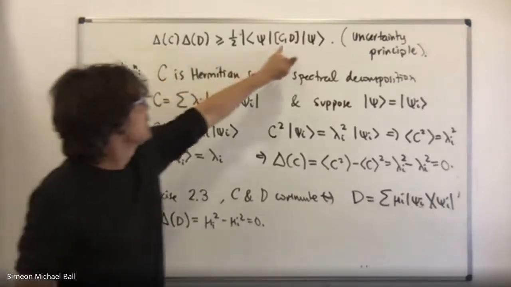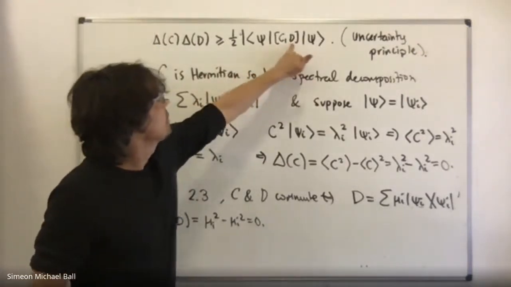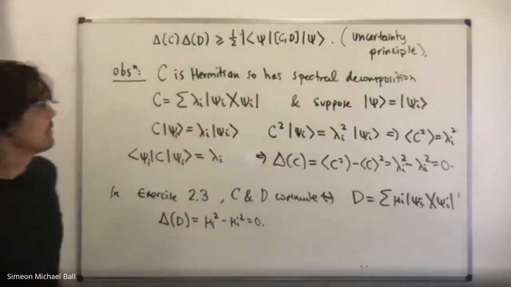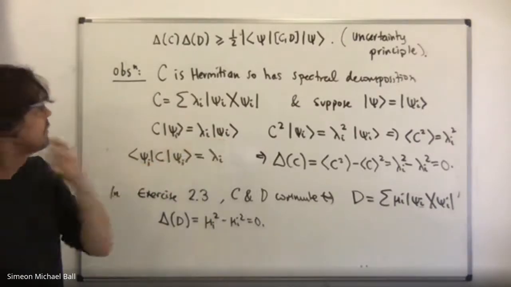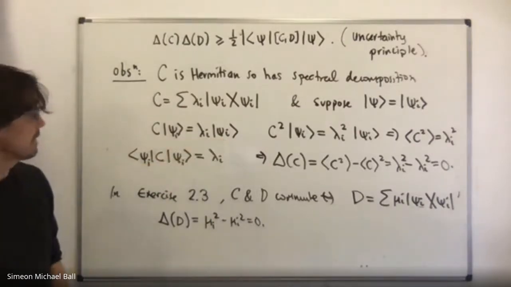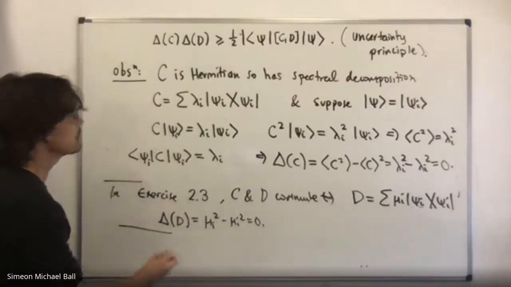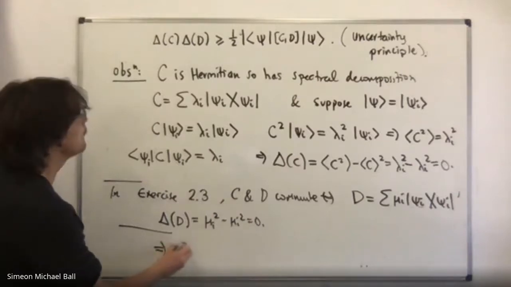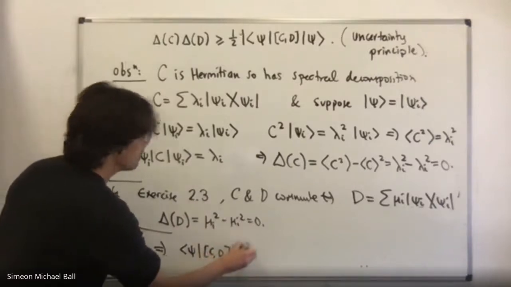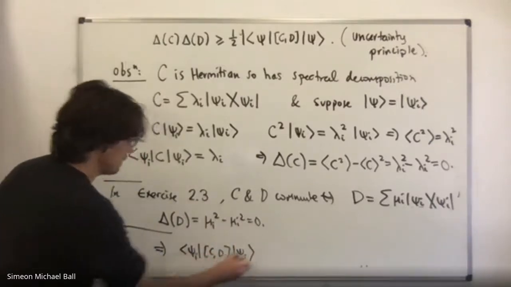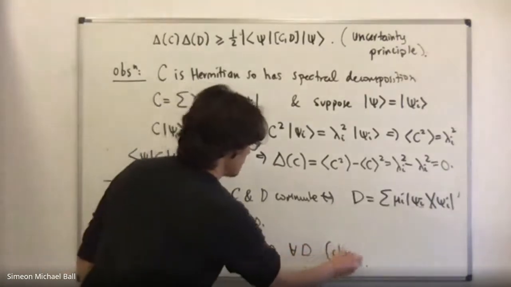Well, I suppose what it means is whatever Hermitian operator D you take here, when you take the average of the commutator, it will always be 0, just because this psi I is an eigenvector of C. Okay, so I'll leave you to check that. So that's just another observation.